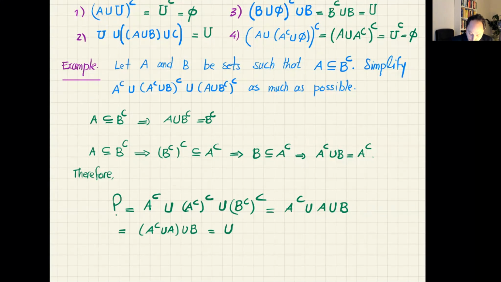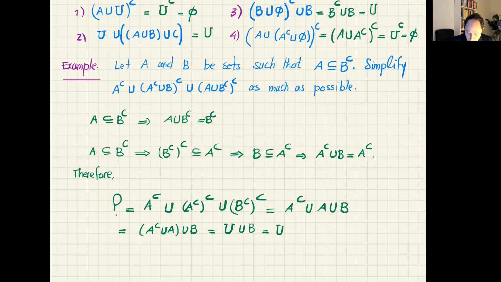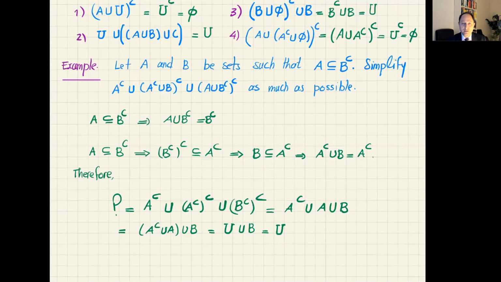So the answer is U, and union with the set B. But when I want to union a set with the universal set, the answer is the universal. So whatever A and B are, this set is always equal to the universal set. It doesn't matter what the elements of the set are. Okay, any questions?